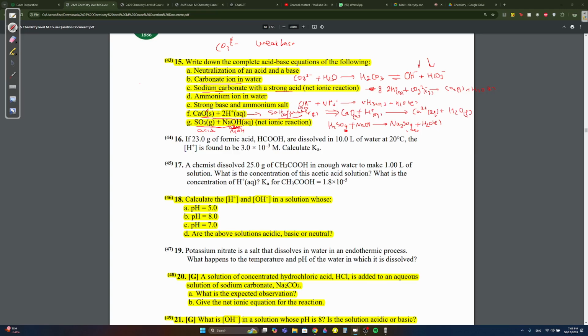If you want to write the net ionic, you don't take the state here, you take the original one. It was a gas, so SO3 turns into SO4, and you put SO3 gas. And what else changed? NaOH. The OH here was aqueous, and it turned into water, so we include the OH minus aqueous.